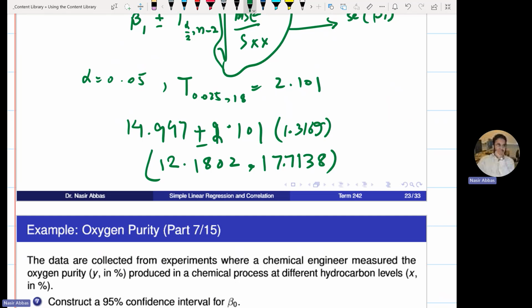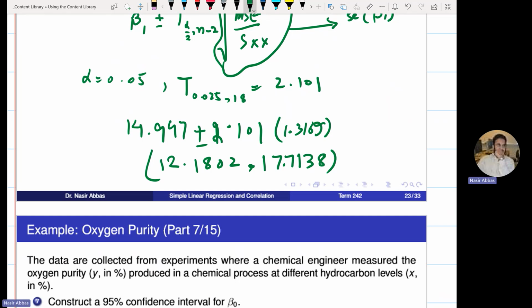We are 95% confident that beta 1 is between this and this. What is beta 1? Average change in purity due to a 1% increase or decrease in hydrocarbon level. So we are 95% confident that the change in purity is between 12 and 17%. Clear?